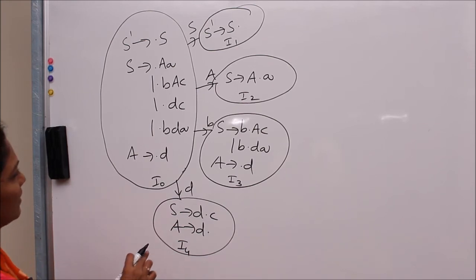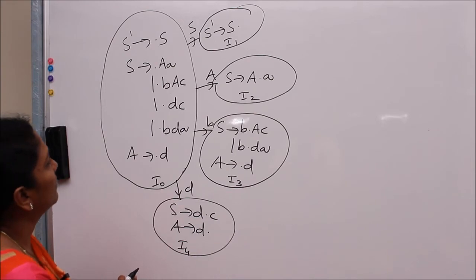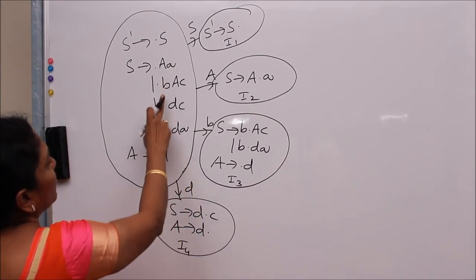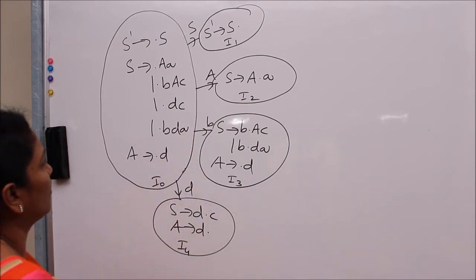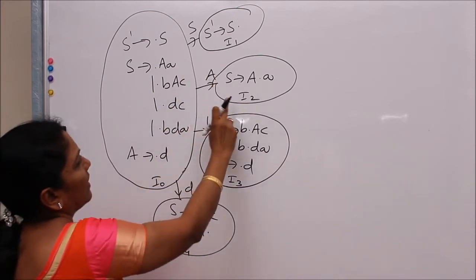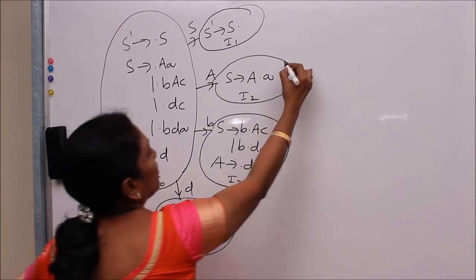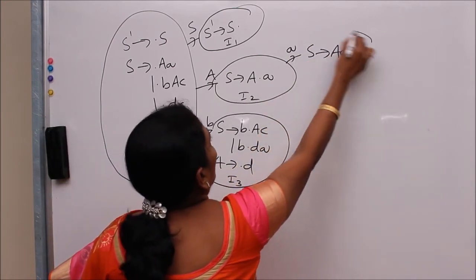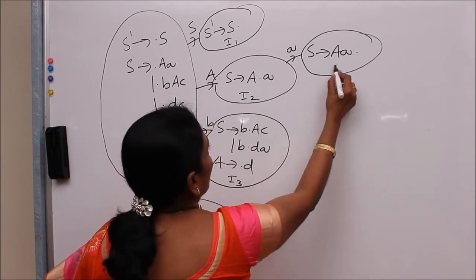And look, A is over, B is over, D is over. That's all from state I0. I1 has a final item. Coming to I2, I2 on A is S to AA dot. Only one final item, so no danger.